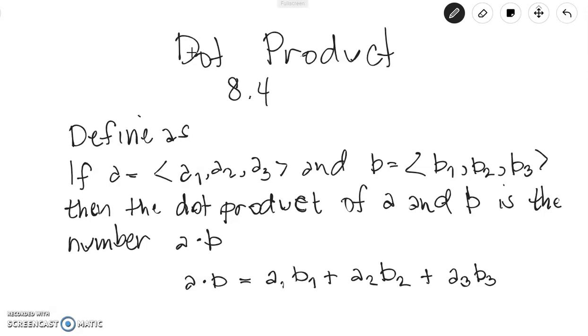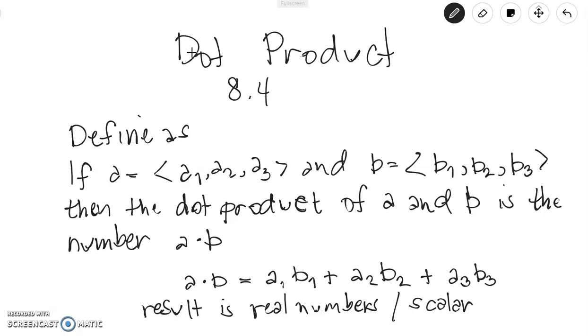The result of this dot product is not a vector; the result is a real number, and sometimes we call this a scalar product.